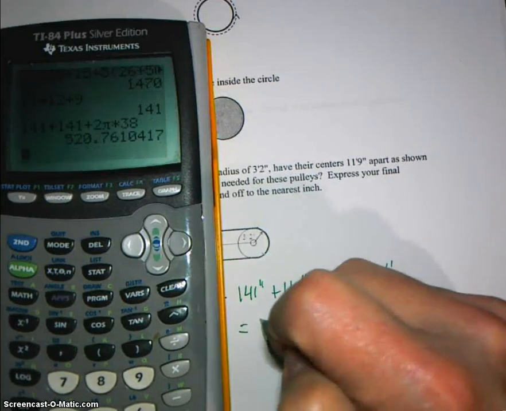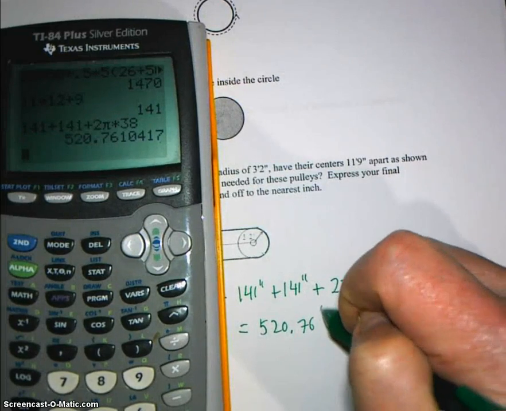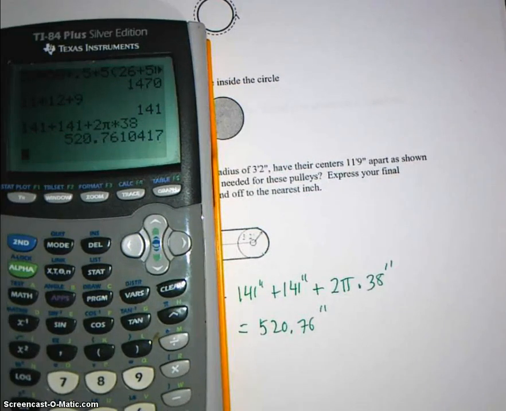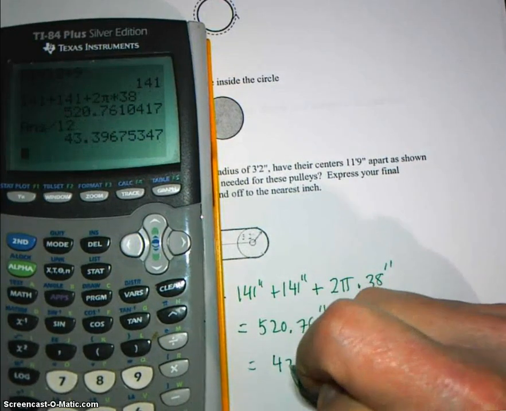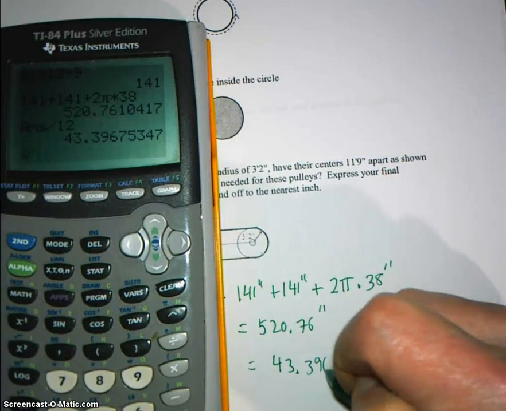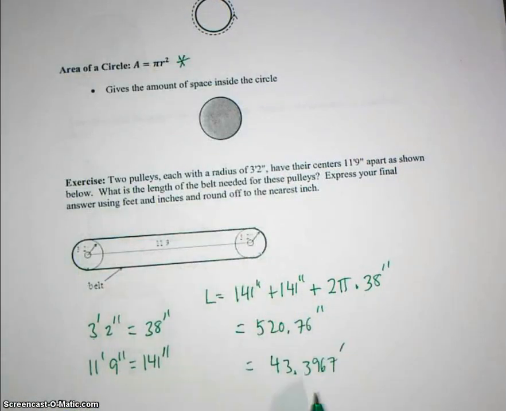So that's 520.76 inches. All right, so I'm going to divide that by 12. That's 43.3967 feet. But now I've got to convert. It said to round off to the nearest inch.